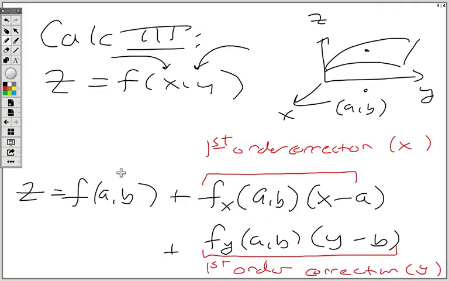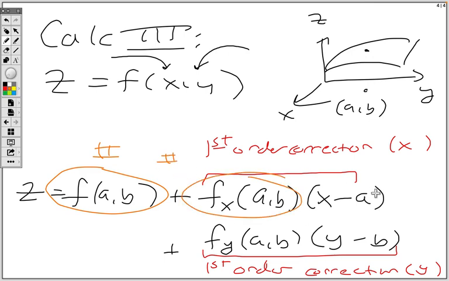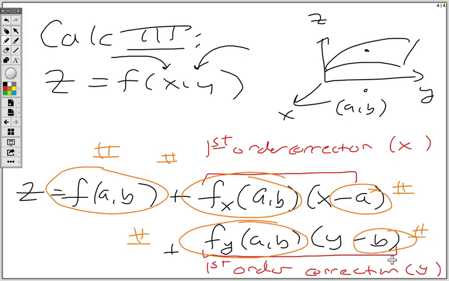Looking over here in Calc 3 now, this is a number. This is a number. This is a number. This is a number. This is a number. So if I look at the variables, I've got z, x, and y all to the first power. And what kind of object is that going to produce?